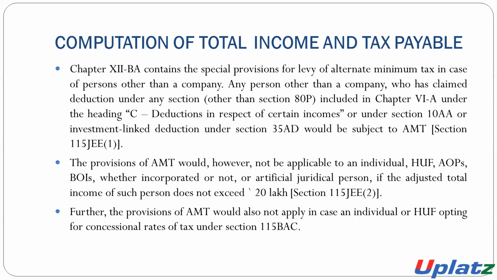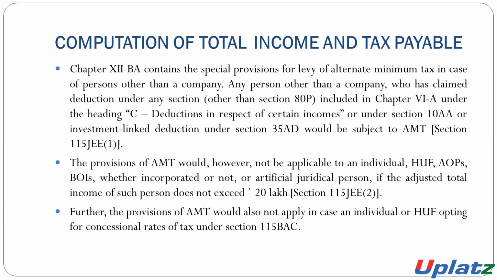It means assessees claiming deductions related to certain income, like section 80 in this case, where the assessee is eligible for a deduction in respect of royalty income. If an assessee is earning only royalty income, then his total income will be deductible, so there is no need to make the payment of tax.